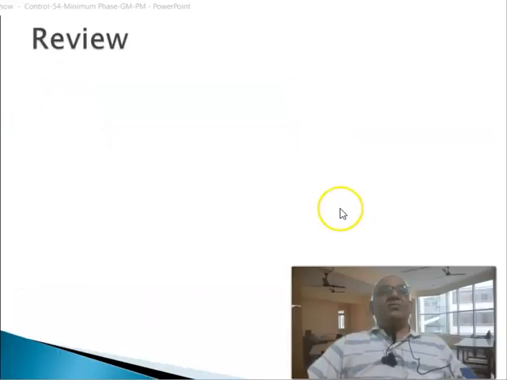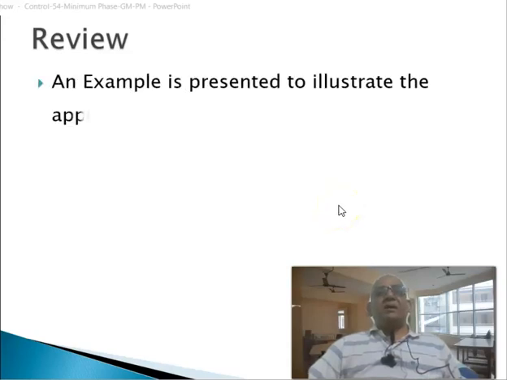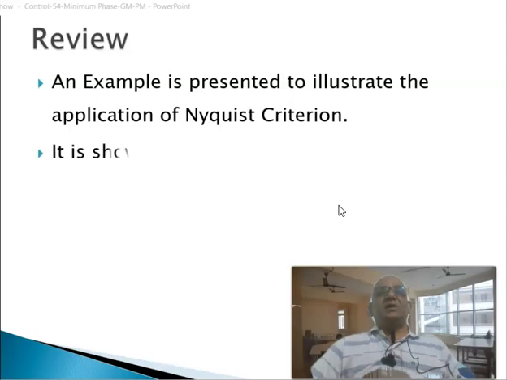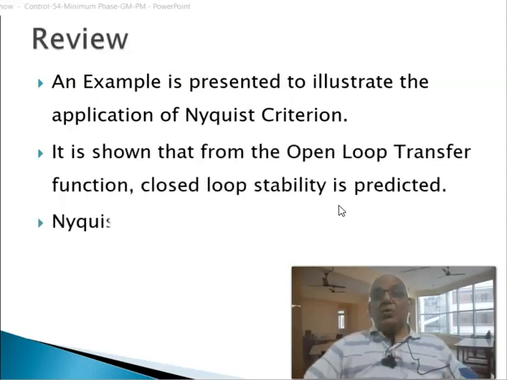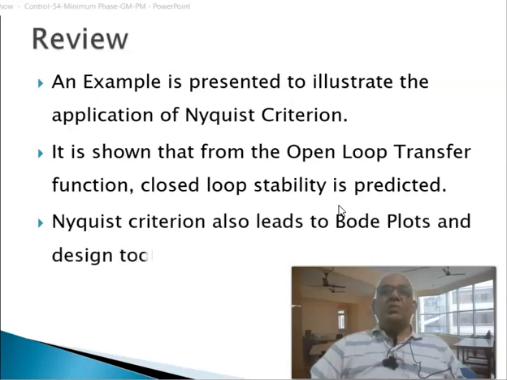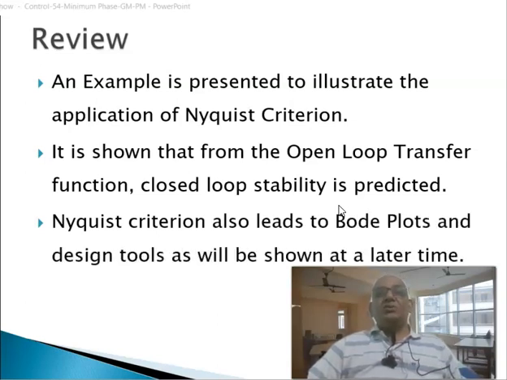Over the past few videos we have been seeing the Nyquist criterion, and we have seen an example to illustrate the application of the Nyquist criterion. It is shown that from the open loop transfer function, closed loop stability can be predicted, and we have also seen that it leads to Bode plots and other design tools, as we will be discussing at a later time.